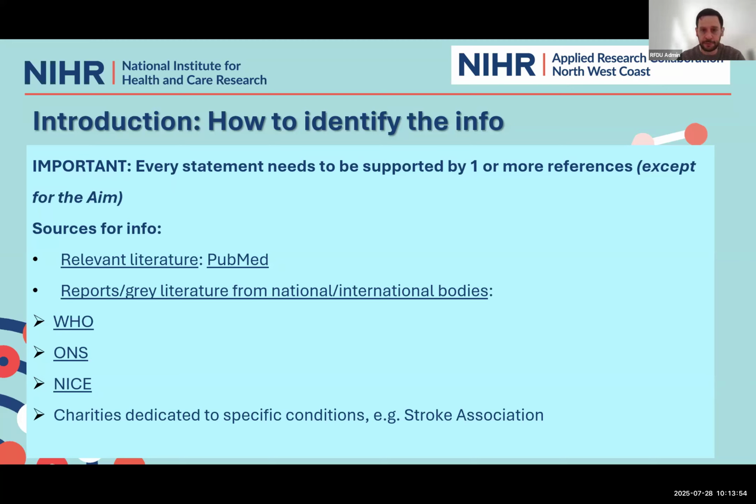We often find a lot of information regarding prevalence, for example, or the burden on the NHS from charities like the Stroke Association, Cancer Research, or, for example, charities dedicated to dementia or people with learning disabilities. So there is a lot of information available there, and the websites of these charities will often have references themselves. There are footnotes with references which you can then use to support your own statements.